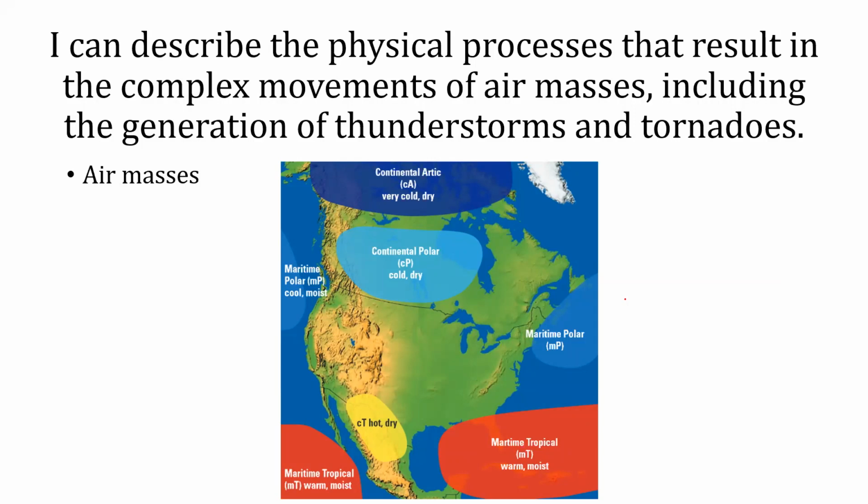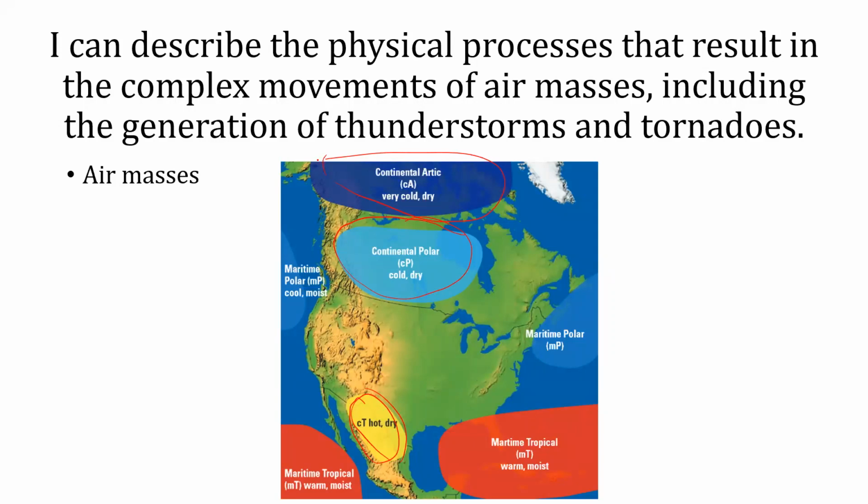You've got your continental tropical, which is like this one here, forming on the continent but still at fairly low latitudes where it's warm. And then you've got your polars and your Arctic, again continental or maritime, just depending on if it formed over the land or over the ocean.